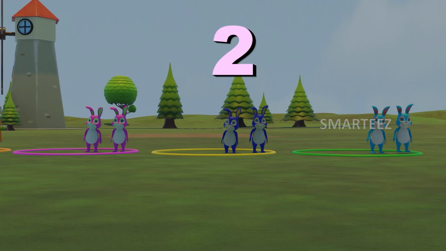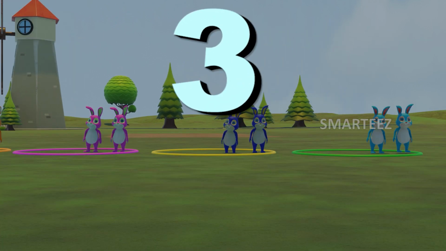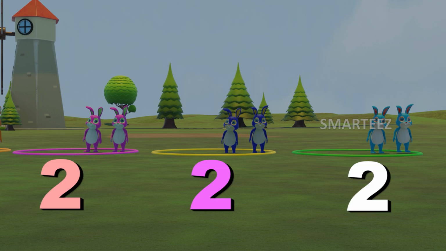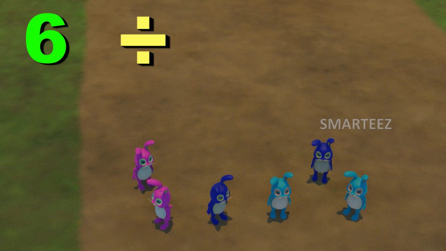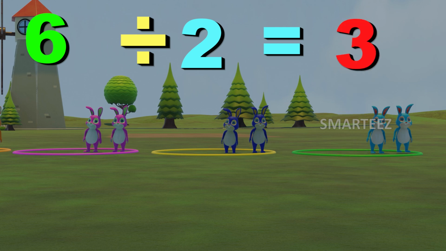One, two, three. There are totally 3 areas. There are 2 of them in each area. When we divide 6 by 2, we get 3.